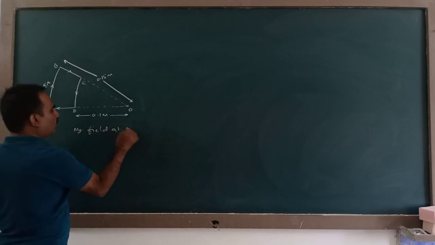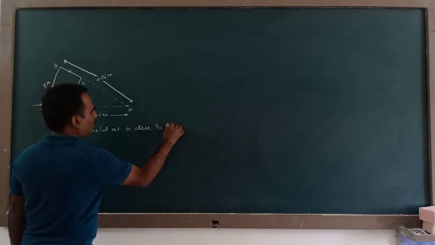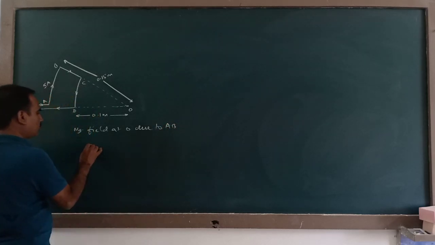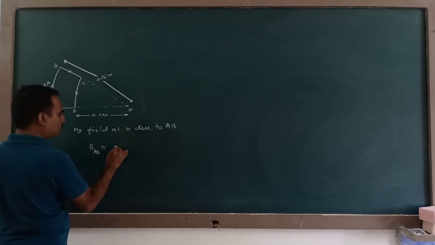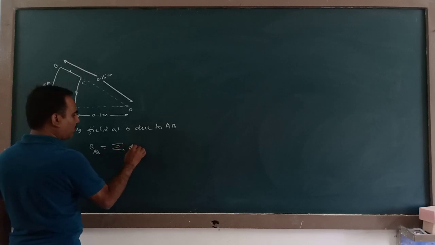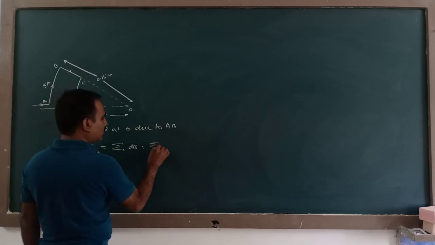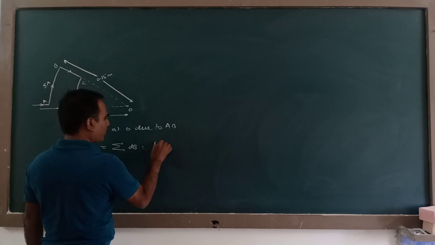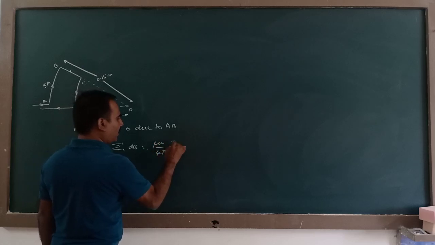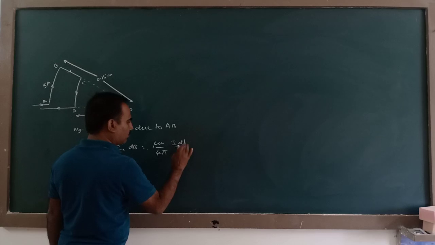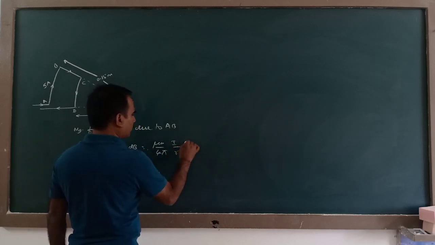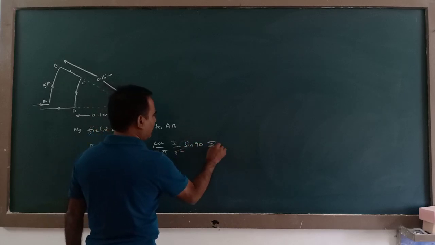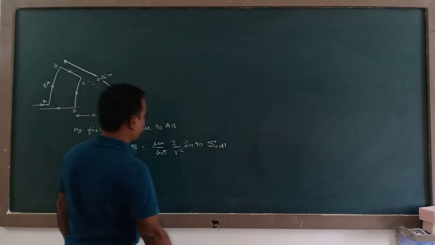Magnetic field at O due to AB, so this B_AB is equal to sigma dB, which is mu naught by 4 pi, I dl divided by r square, sin 90, sigma dl.